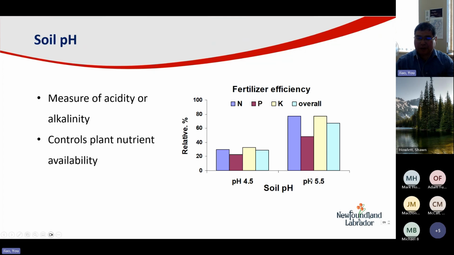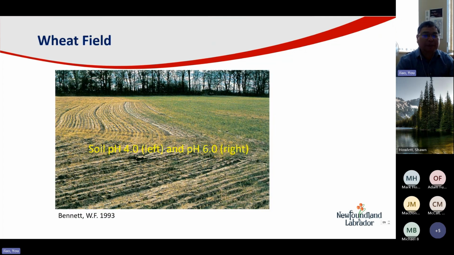So the soil pH controls the fertilizer efficiency. At a very low soil pH, if we throw the fertilizer, we just waste the money because the crop cannot use it.